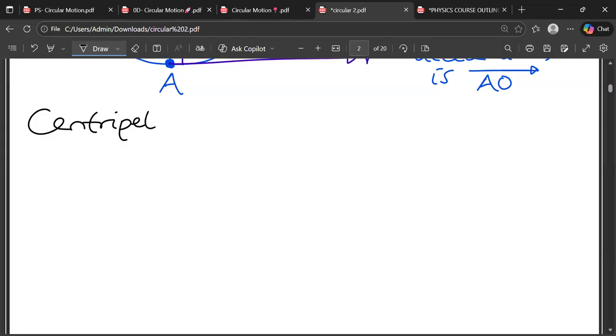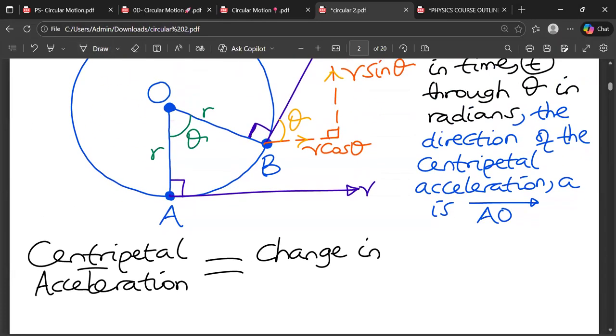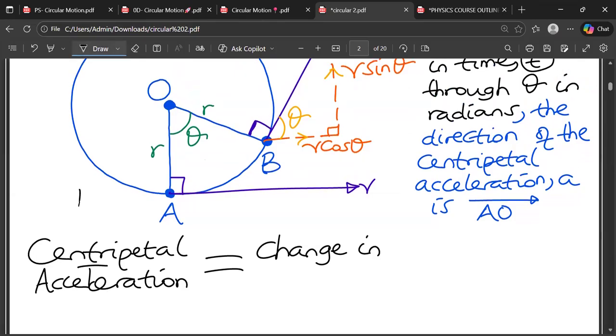If you don't get it, then you'll be gone. Centripetal acceleration. Centripetal acceleration is equal to the change in velocity. Remember, by centripetal we are meaning towards the center. And towards the center we have chosen AO. You get it?